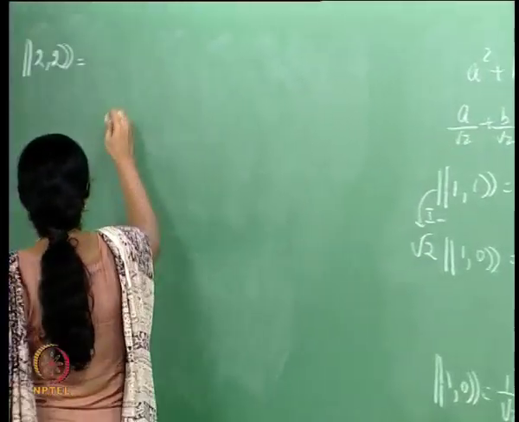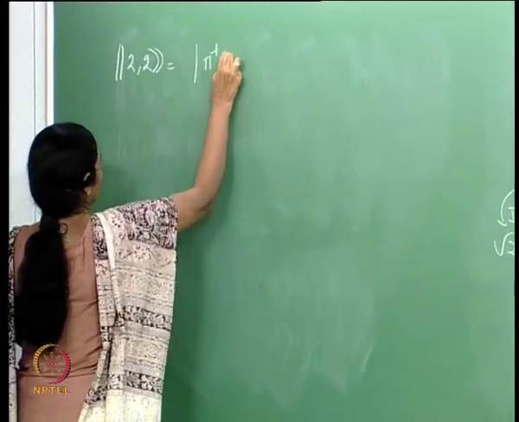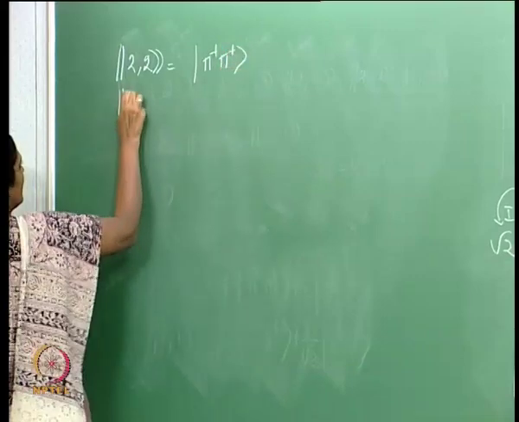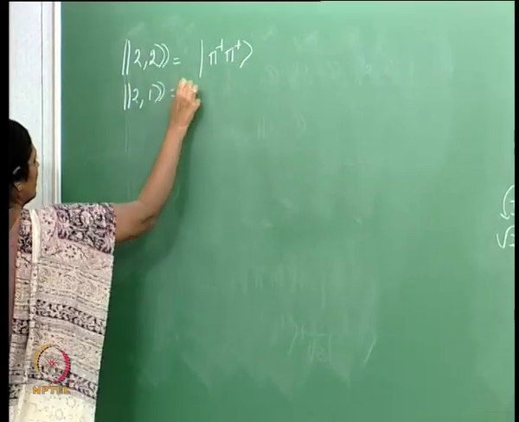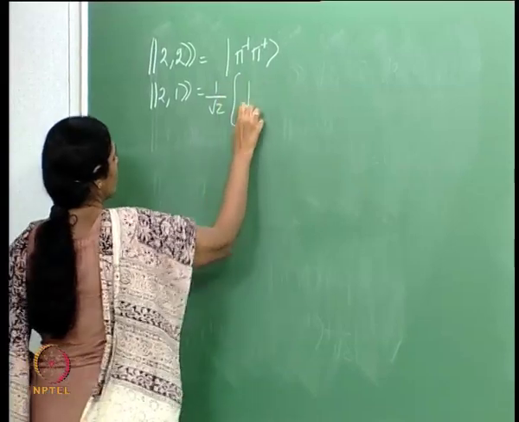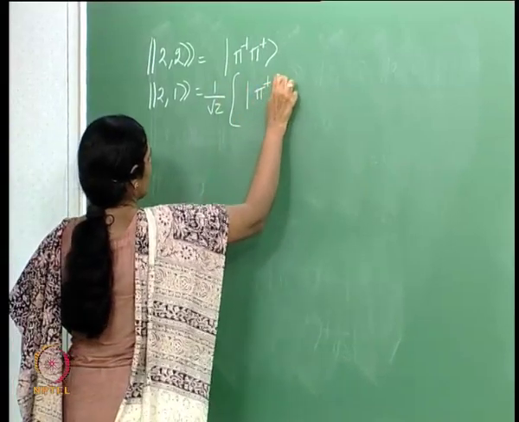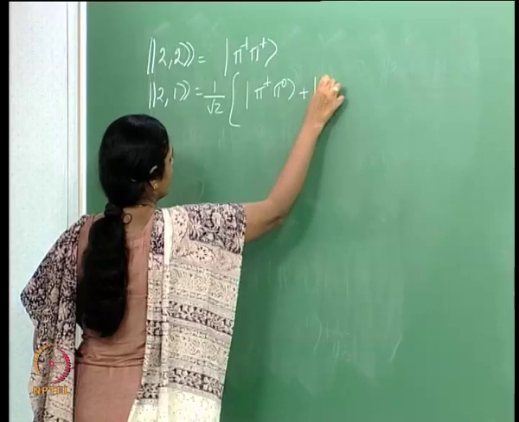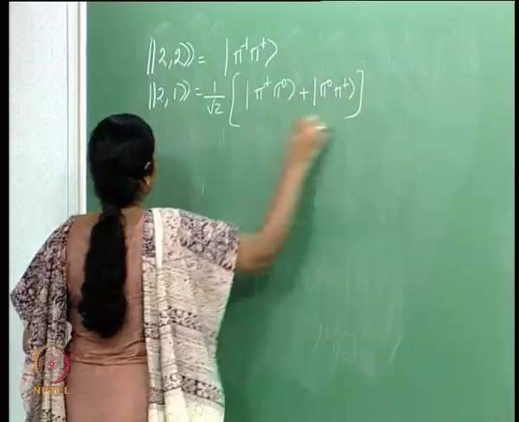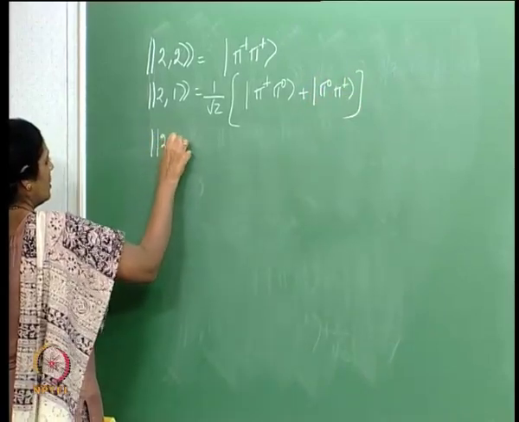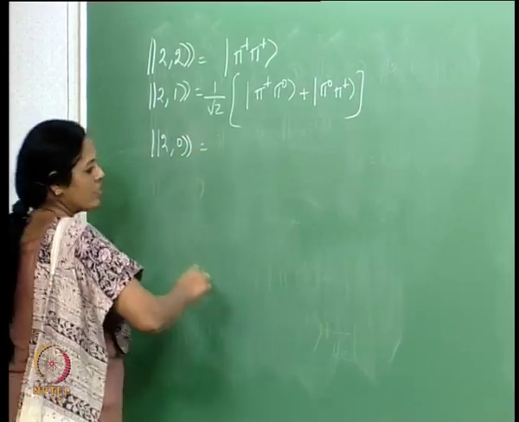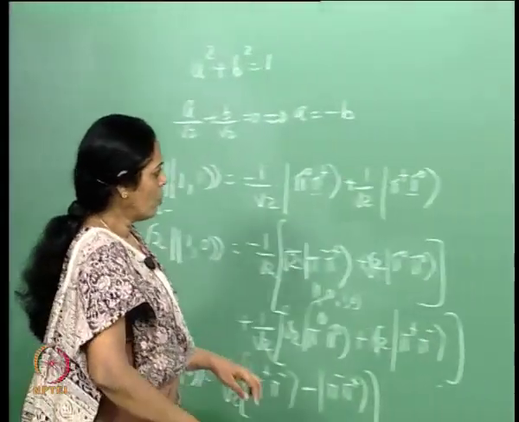So, that is a pi plus pi plus. Two, 1 is 1 by root 2 pi plus pi 0 plus pi 0 pi plus. Two, 0 had more contributions.